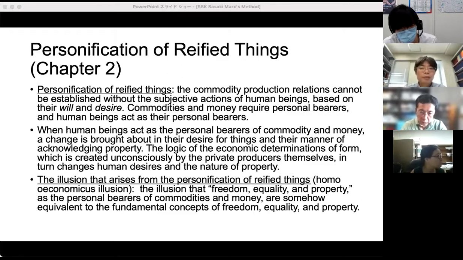Commodity production relations cannot be established without the subject actions of human beings based on their will and desire. Commodities and money require personal bearers, and human beings act as their personal bearers. This is the personification of reified things.